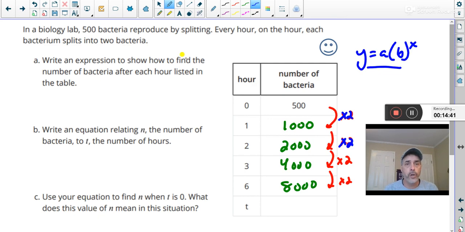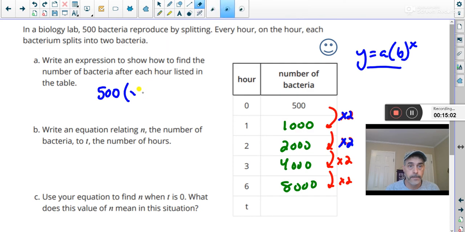So write an expression to show how you find the number of bacteria after each hour listed. I would want my starting amount, that's my a term, times my constant multiplier, that's the times 2 in this situation, to the hour.